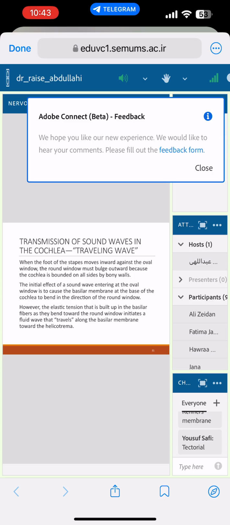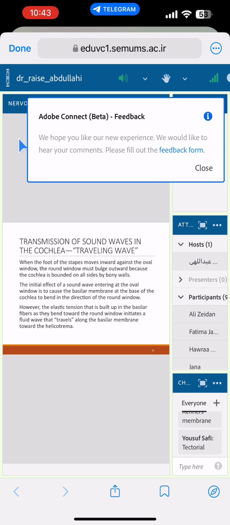Transmission of sound waves in the cochlea, or the traveling wave. When the footplate of the stapes moves inward against the oval window, the round window must bulge outward because the cochlea is bounded on all sides by bony walls.